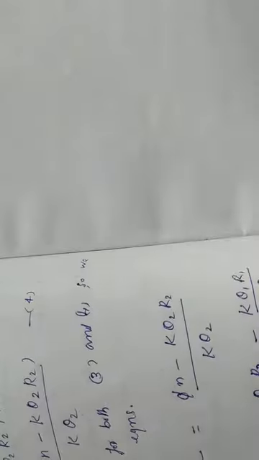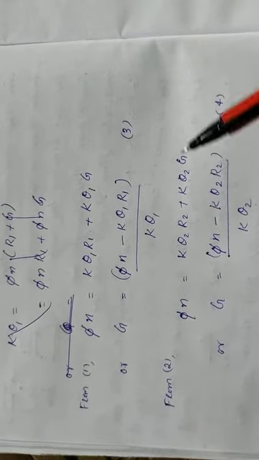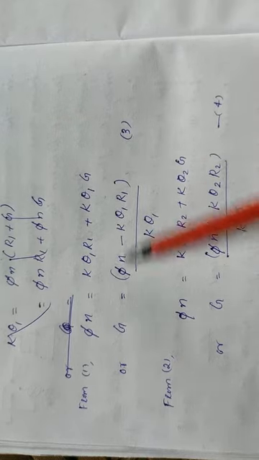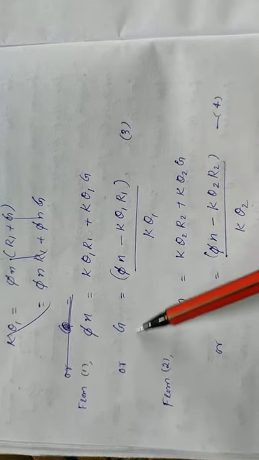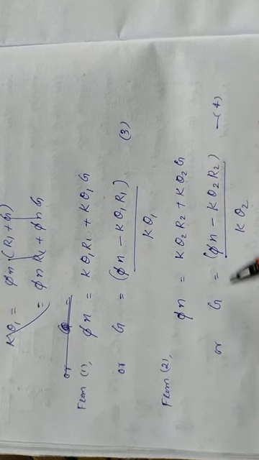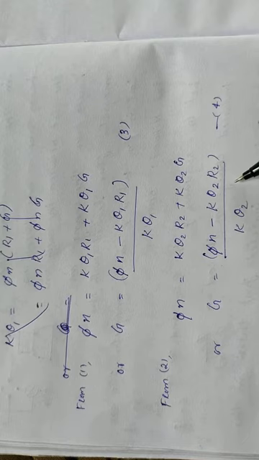Now these steps are purely mathematical. From 1 and 2 we can write phi n as this, just rearranging the terms, and from this we can write down G, and from 2 phi n can be written like this, and G we get like this.